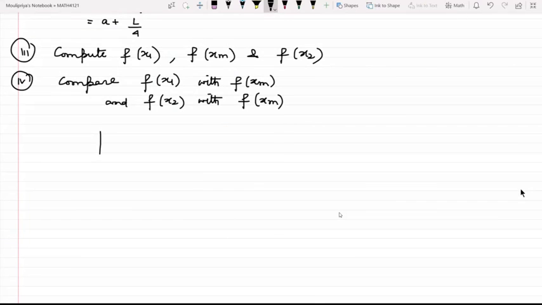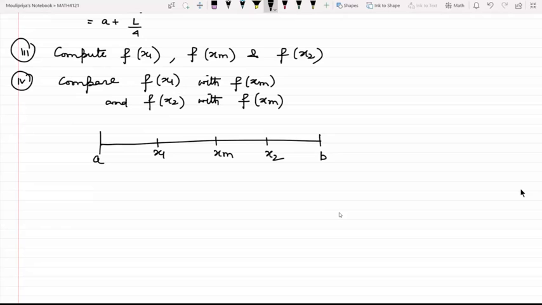Now suppose this is A, B, this is x1, this is xm, and this is x2. The fifth step is comparing all the cases.